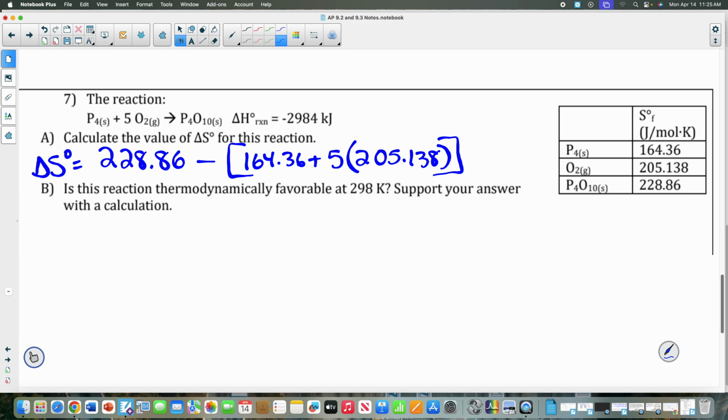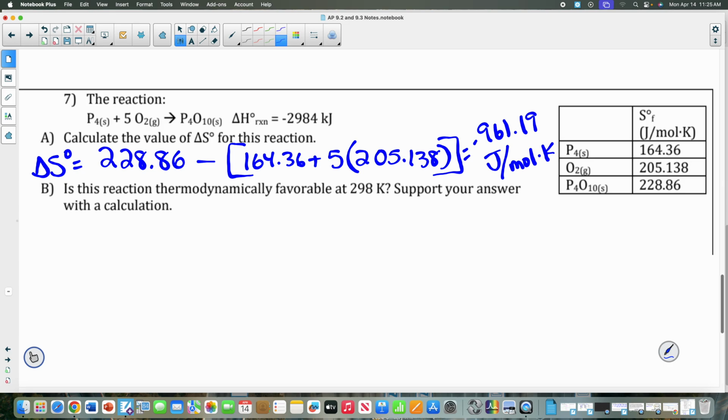I get negative 961.19 joules per mole K. Anyone else confirm that? That's what, okay.